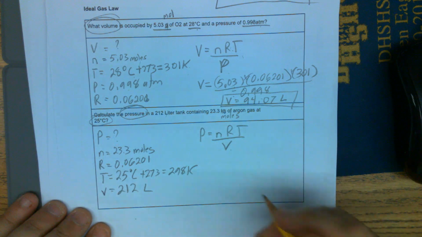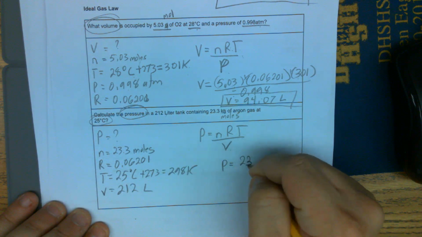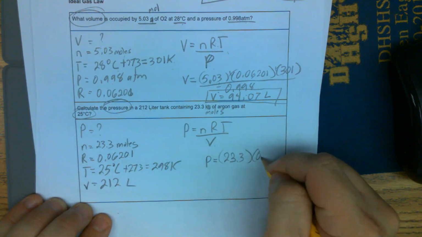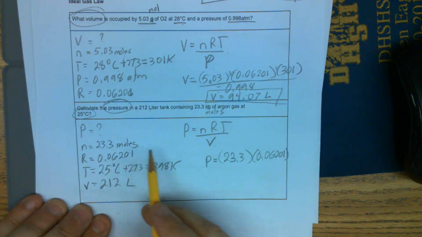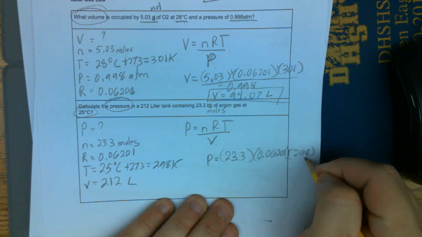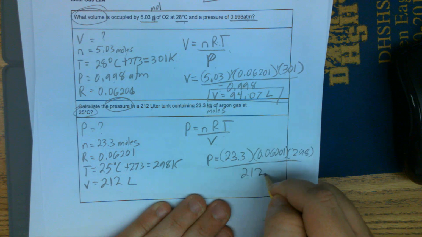All right, to solve for this, we'll plug in. Our pressure is n, 23.3, times R, which is 0.06201, times our T, which is 298, all divided by our volume, which is 212.